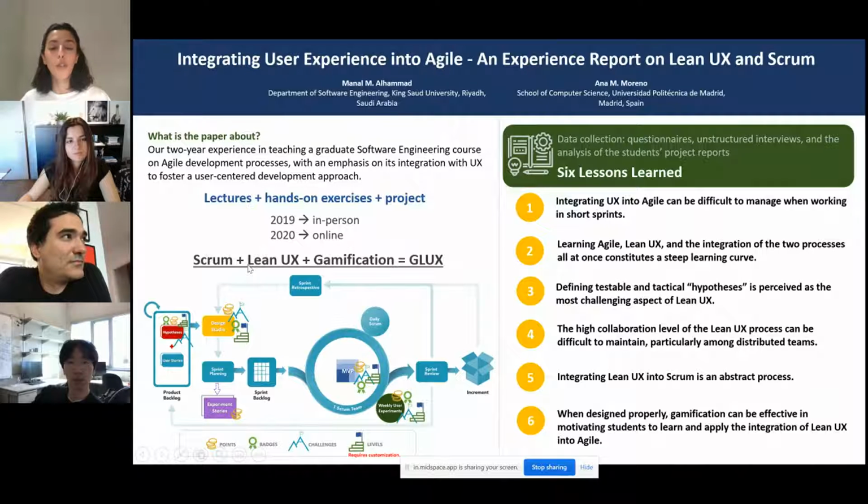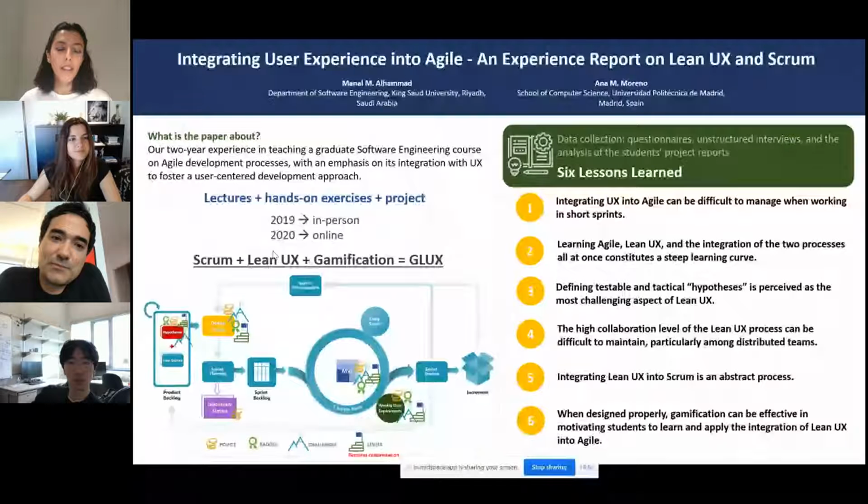To help the students follow an integrated process, we created a framework called GLUX, which stands for Gamified Lean UX. This framework combines Scrum with Lean UX and gamification.